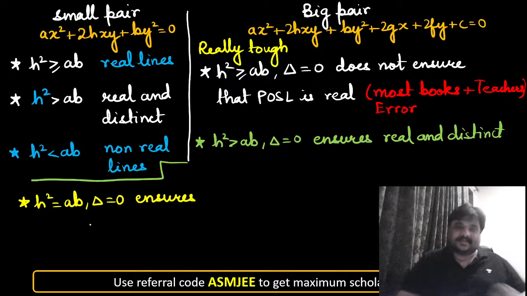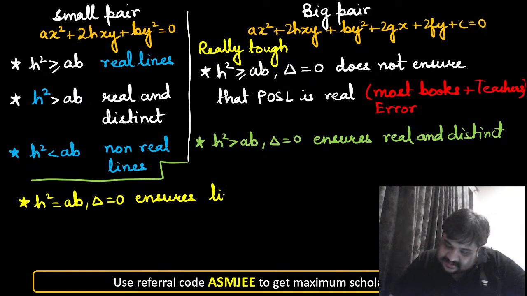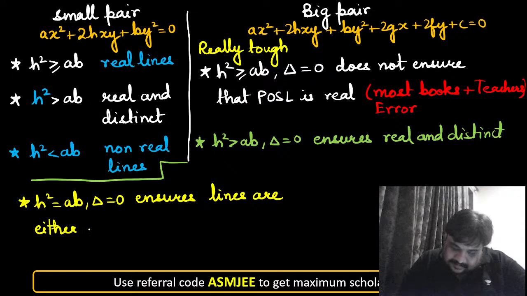this is the corrupt case actually. Because of this case, sometimes it ensures the lines are either parallel or coincident.